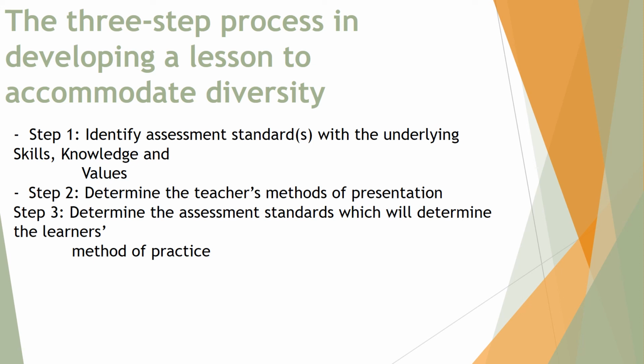And then if we look at step 3, step 3 is to determine the assessment standard, which will determine the learner's method of practice. So we need to encourage our learners to demonstrate their attainment in terms of their own abilities. So we need to use different strategies to assess our learners and to see our learners' performance. We need to value them equally.